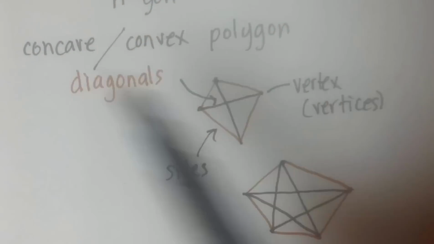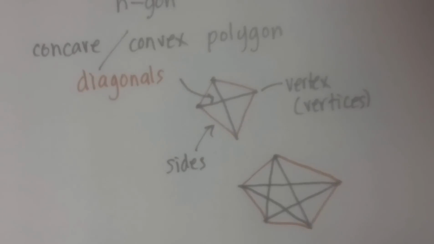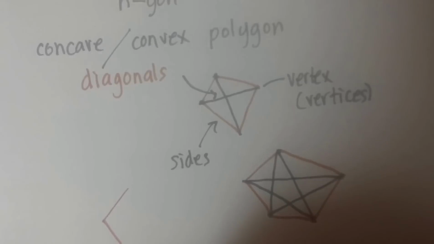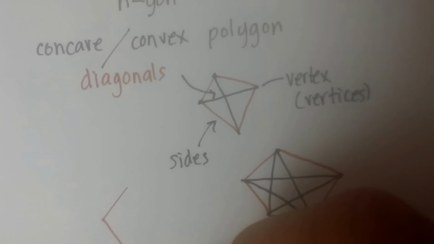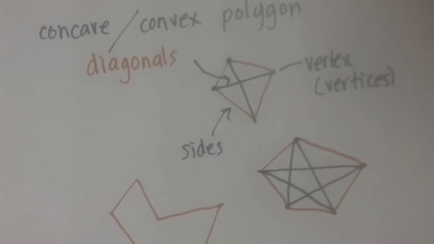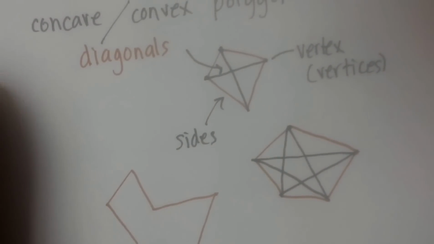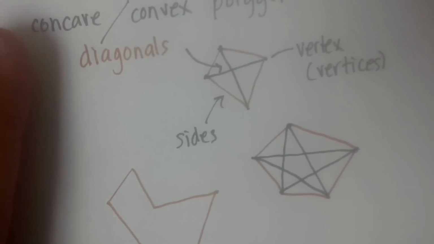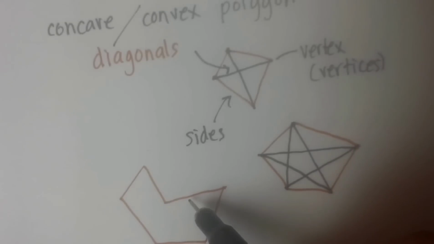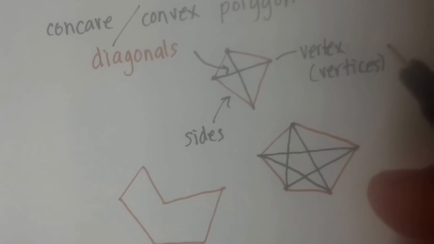A concave polygon is when, let me just draw something like this again. Now, first of all, can you classify this polygon for me? How many sides did I draw? 1, 2, 3, 4, 5, 6. So this is a hexagon, okay?